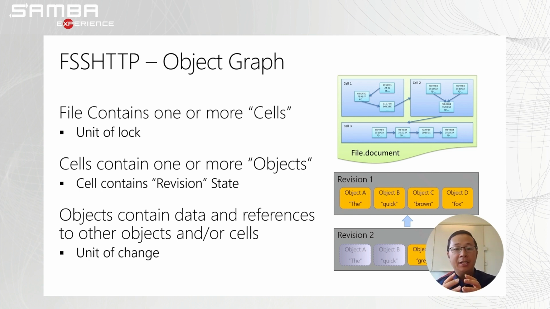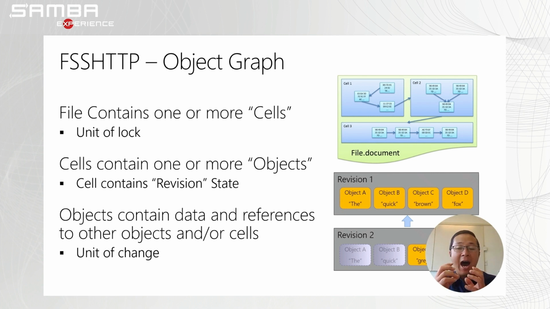Inside each cell, we chunk the file content into different objects to achieve much better performance for incremental sync. On the right side, you can see an image of a cell which contains 4 objects, right?